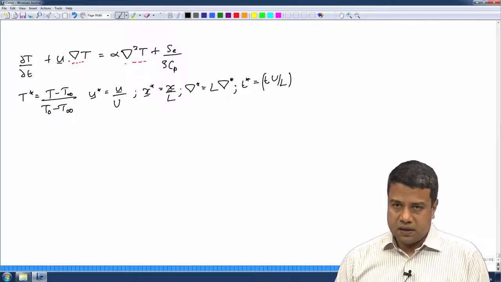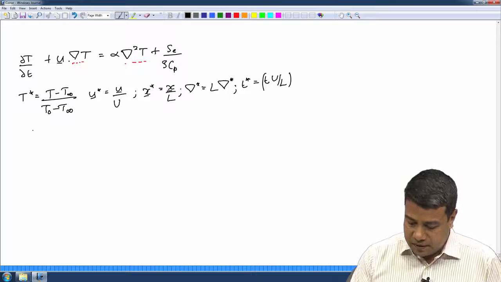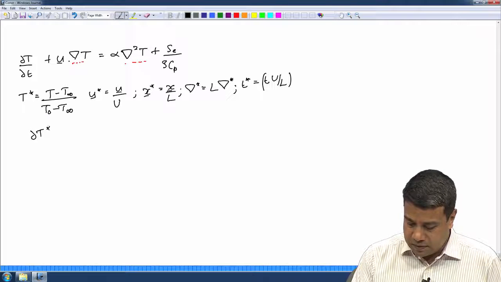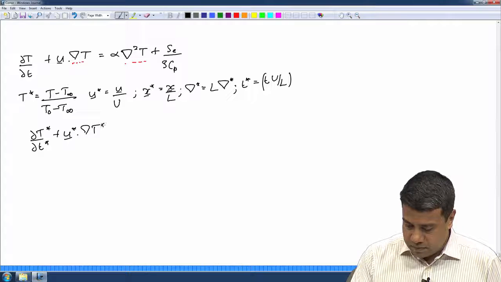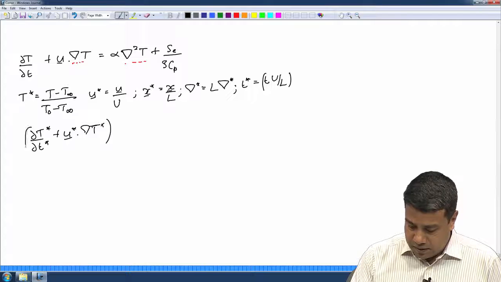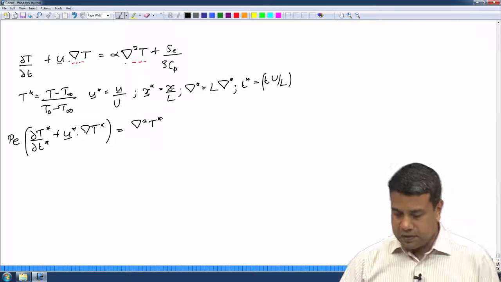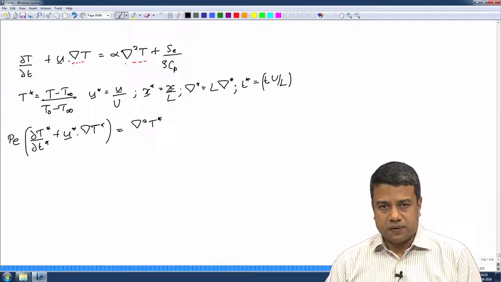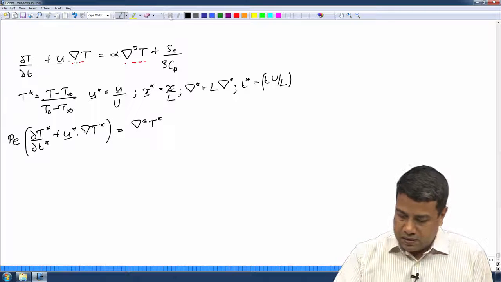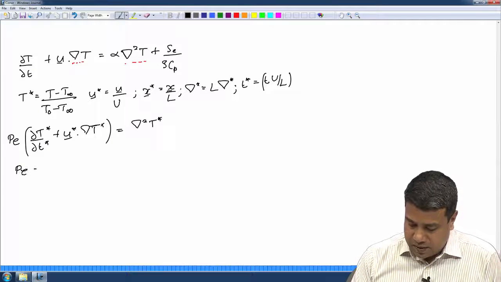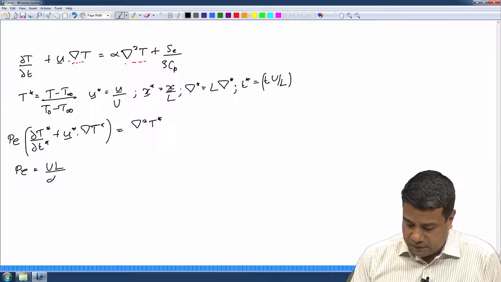And then I had shown you that the equation reduces to this multiplied by a Peclet number is equal to del square T star, if we have no sources or sinks. And the Peclet number is equal to u L by alpha.